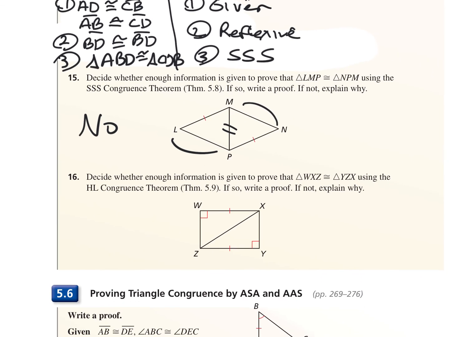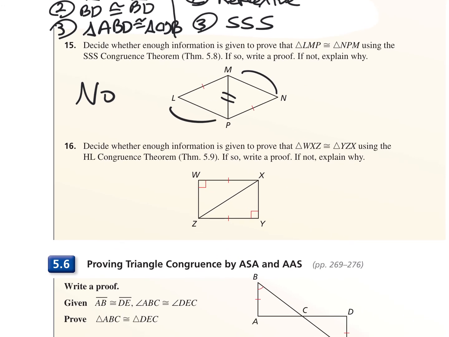And then number 16 says to decide if there's enough information to prove that these two triangles are congruent using hypotenuse leg. Well, I've got a right angle. I've got legs that are marked as congruent, and then I can put in the hypotenuse. So here I could do the reflexive side, and yes, I could use hypotenuse leg here.